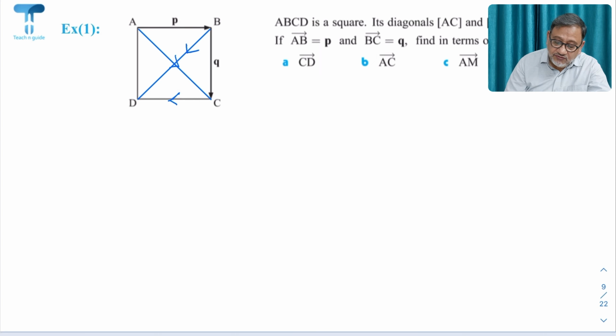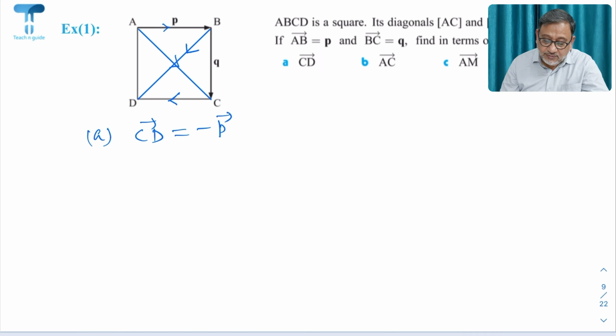So therefore I can write here CD is equal to negative of P. I hope you understood, because P is in the right direction whereas CD is in the left direction.